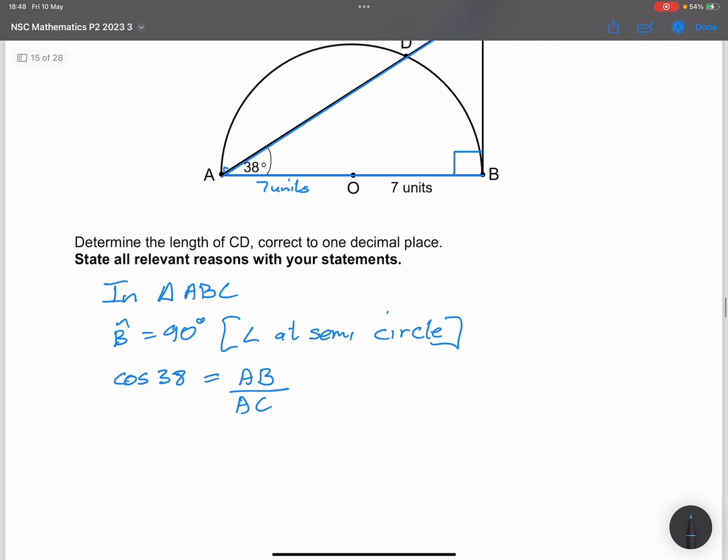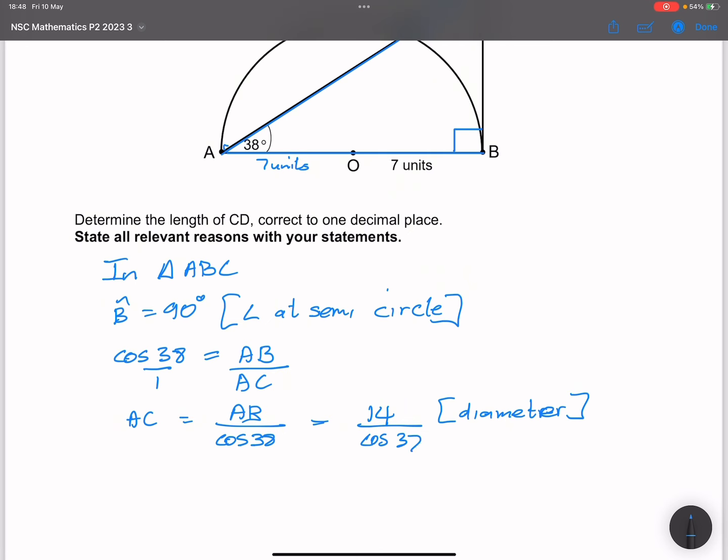So if we cross multiply, that means that AC will be equal to AB over the cos of 38. Okay, so I'm going to say AB is 14 units, right? So in that case, that's our diameter. Okay, this is divided by the cos of 38.